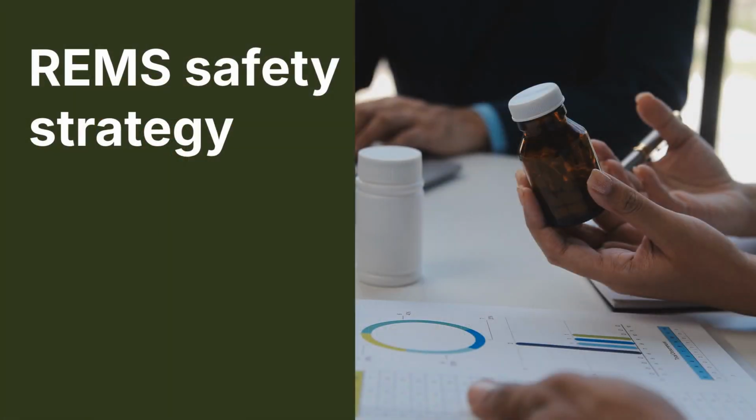In the United States, a risk evaluation and mitigation strategy is a required Food and Drug Administration safety program for medicines with serious identified risks. The authority comes from Section 505-1 of the Federal Food, Drug, and Cosmetic Act, created by the Food and Drug Administration Amendments Act of 2007.